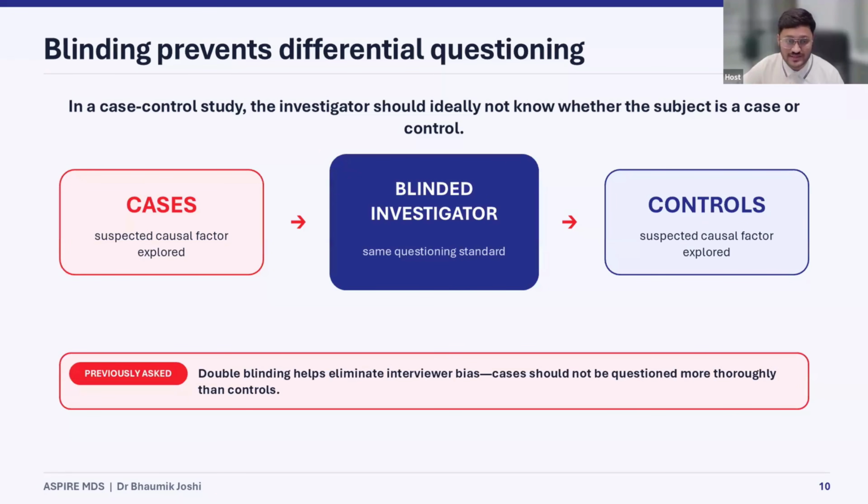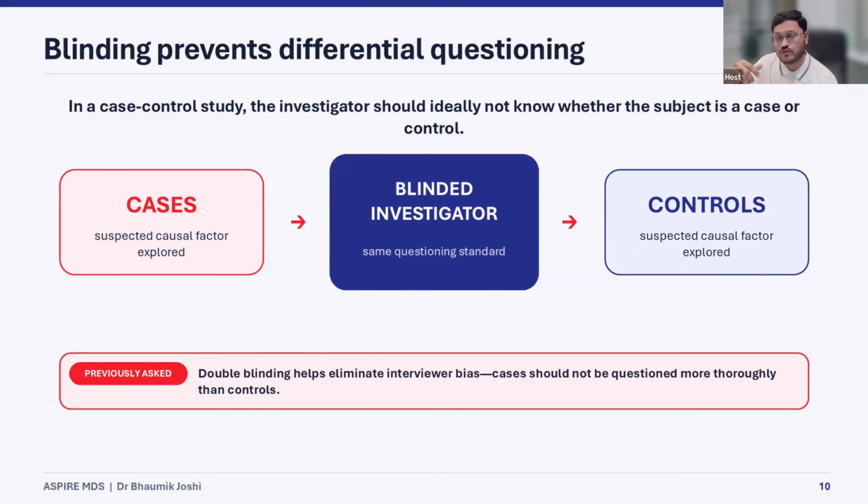This has been asked in the exam, which blinding helps in eliminating the interviewer bias. Obviously both the double and triple blinding do. In that exam, the option was double blinding. So how does this help in preventing the interviewer bias? Let's say you are an investigator and you are giving a particular drug, let's say an antihypertensive, to patients of hypertension.